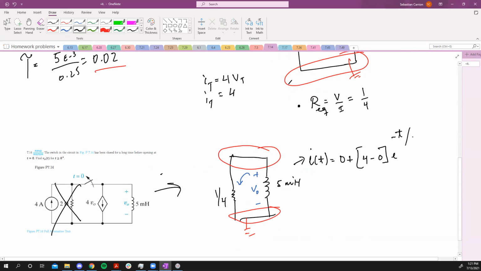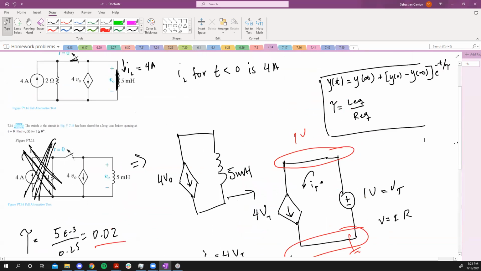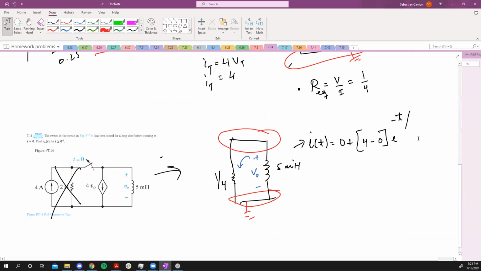So it's 4 e to the negative t over 0.02, which is negative 50t, for the current of the inductor.